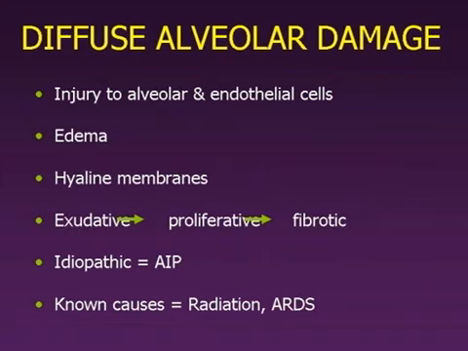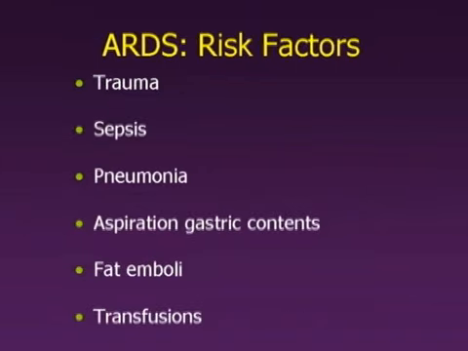If it's idiopathic, the example would be acute interstitial pneumonitis, AIP. Known causes for diffuse alveolar damage would include radiation pneumonitis, ARDS, such as we're talking about now, and many drug reactions, drug toxicities, for instance. Risk factors for ARDS: trauma, sepsis, pneumonia, aspiration of gastric contents, fat emboli, transfusion reactions.